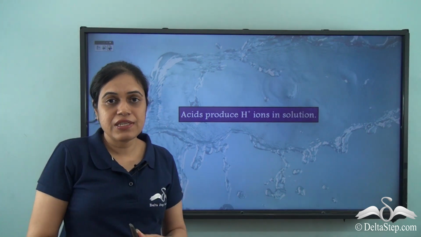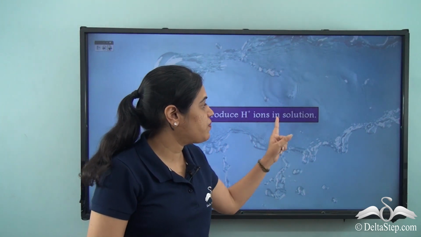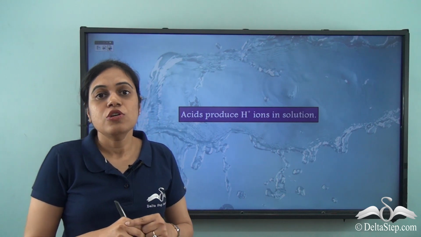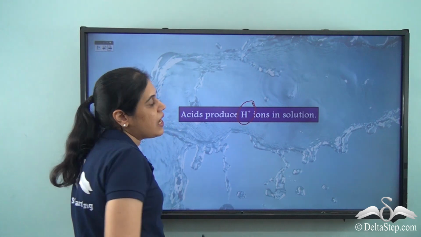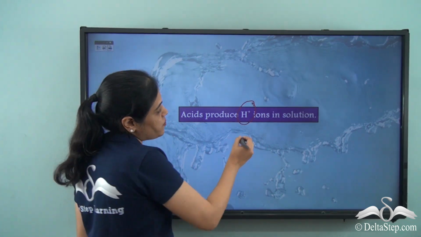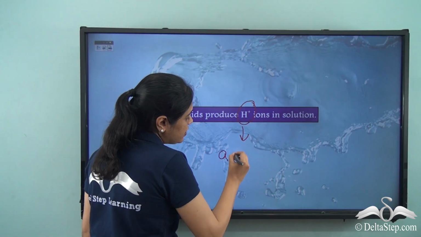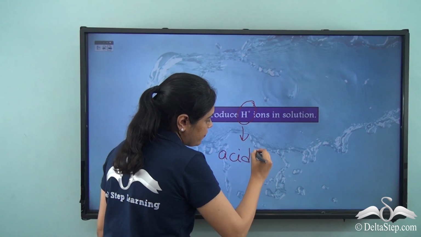So what we have seen is acids produce H plus ions in solution. So they dissociate to give H plus ions and these ions are responsible for the acidic properties.